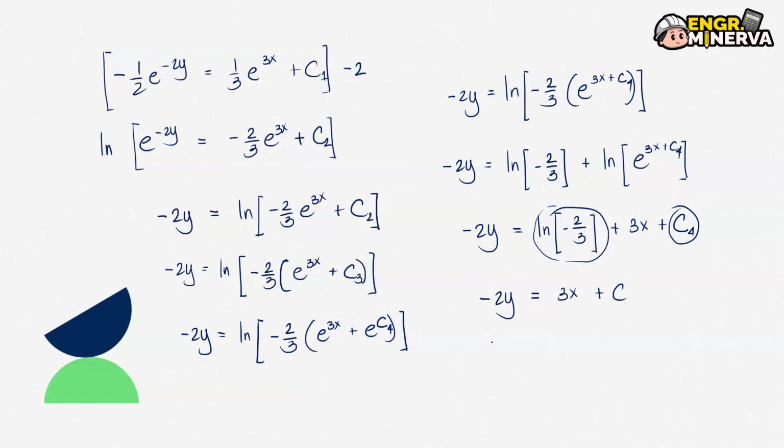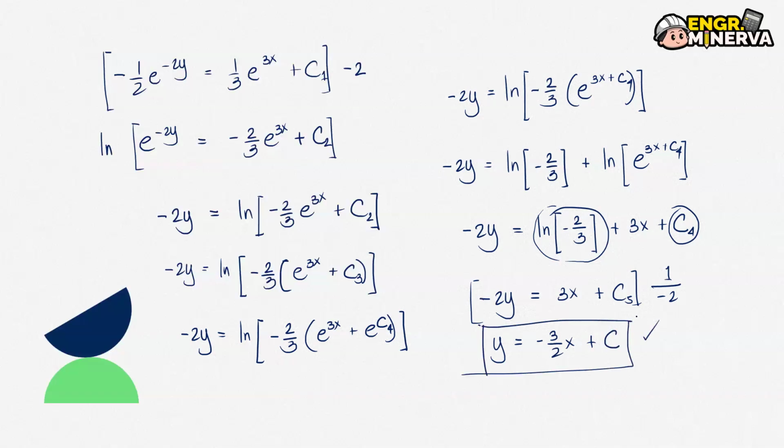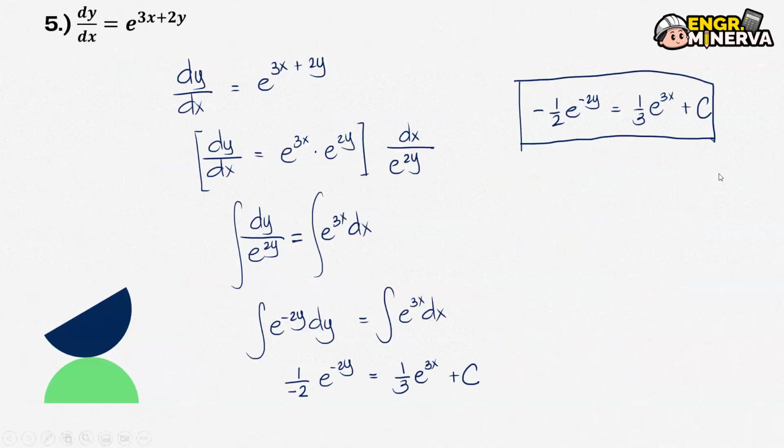And our final answer would be y equals, because we divide the whole equation by negative 2, y equals negative 3 halves x plus c5, because we multiplied negative 1/2 to it. So this is the explicit solution to our implicit solution here.